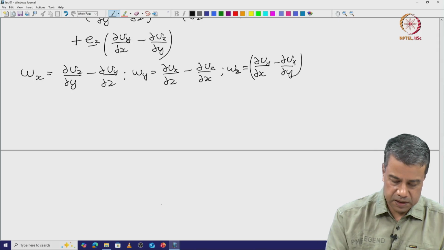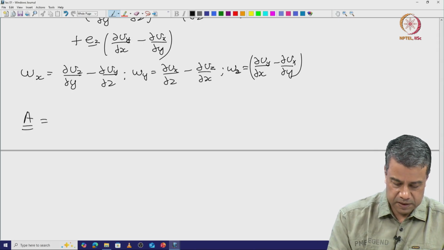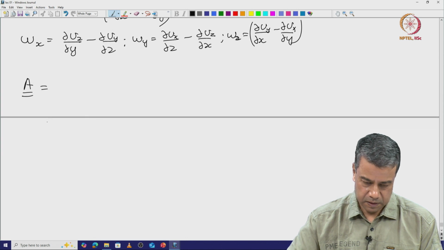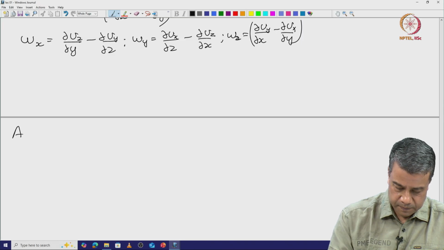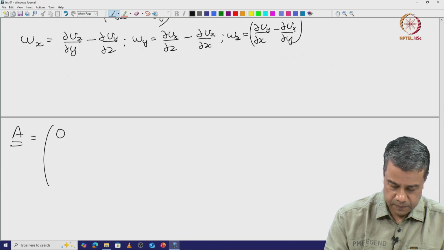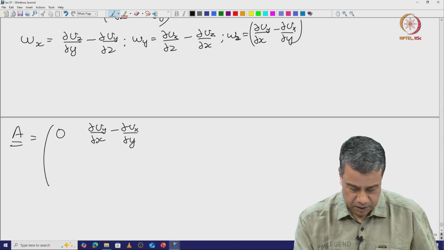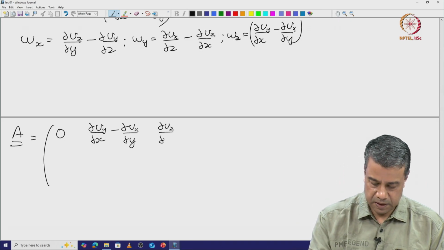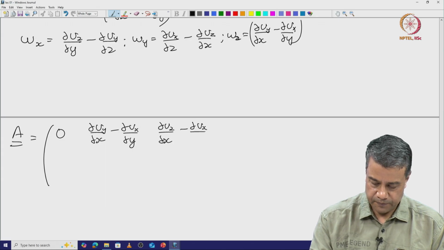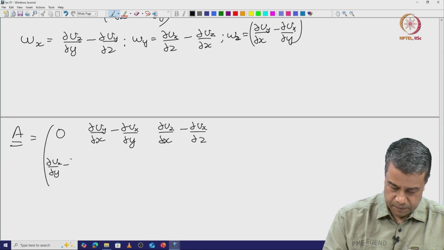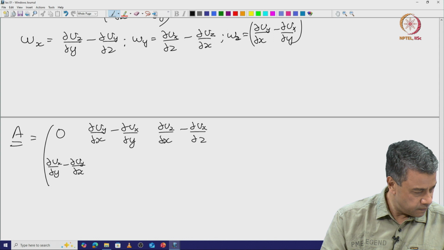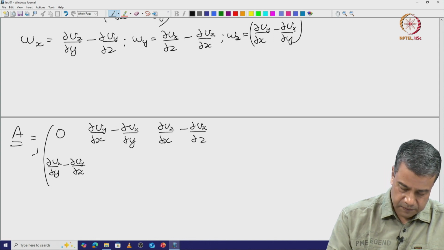I had written the antisymmetric part of the rate of deformation tensor as, so let me write it here: 0, partial V y by partial x minus partial V x by partial y, and partial V z by partial x. I have to have a half outside.